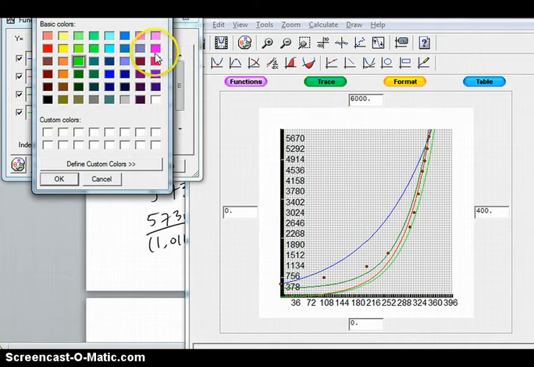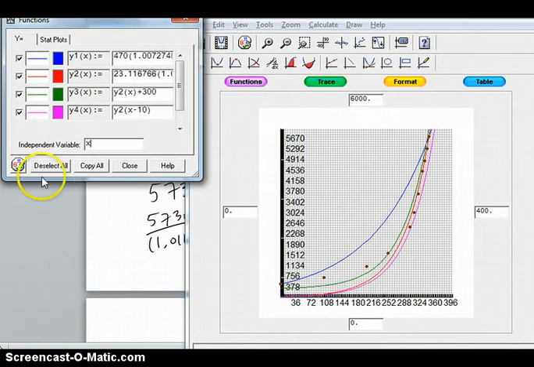Maybe I could come up with a better color here, maybe purple, so we can see it. Get rid of some of this other stuff. And you can see now we've taken the red graph, shifted it to the right a little bit. Still doesn't really model the beginning values much, but let me add that 300 back into it for our purple model. And that seems to do quite well.